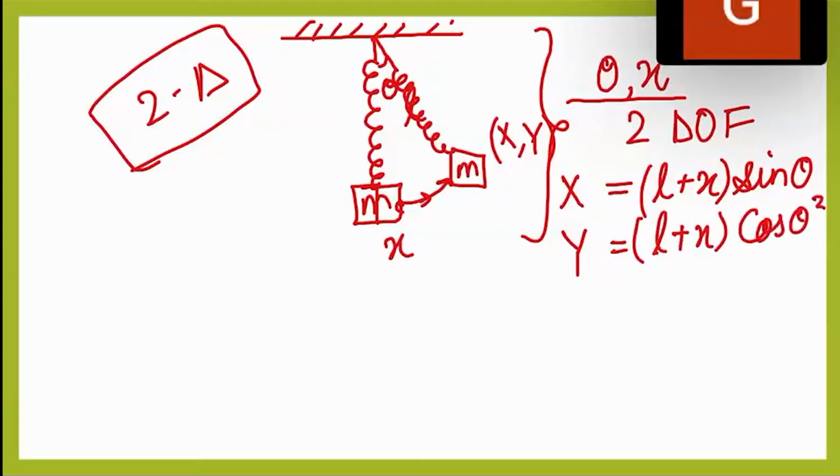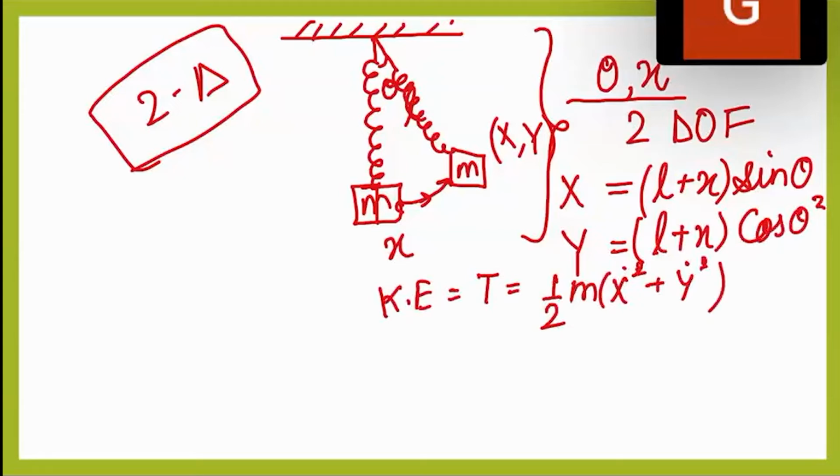Now, in order to find the kinetic energy T, it will be half m (x dot squared plus y dot squared). And you can automatically find the potential energy.